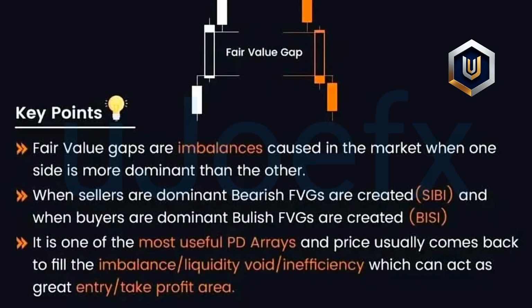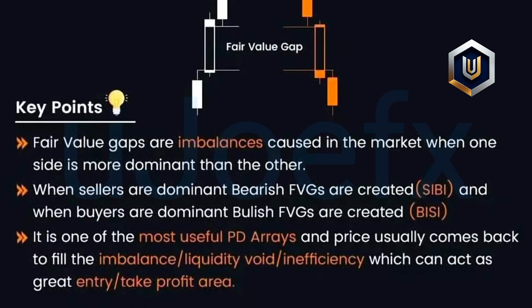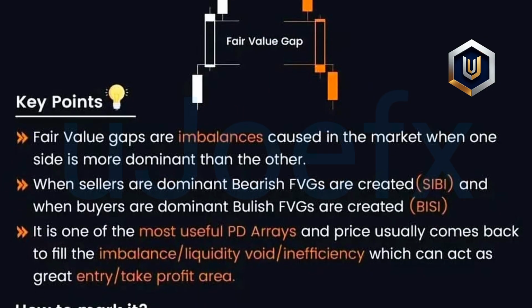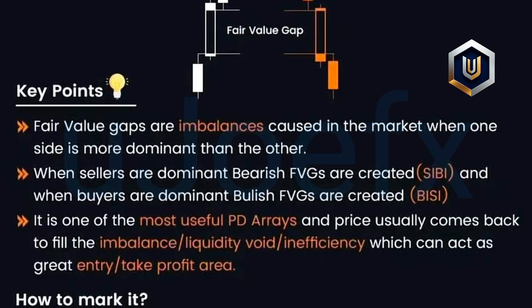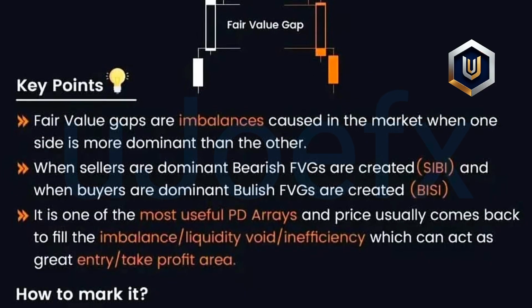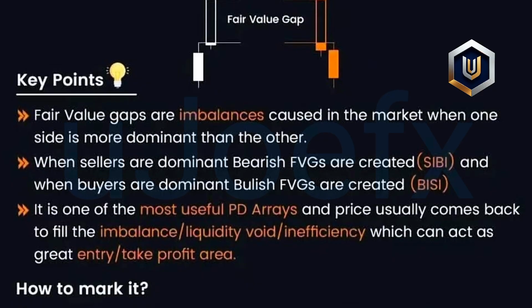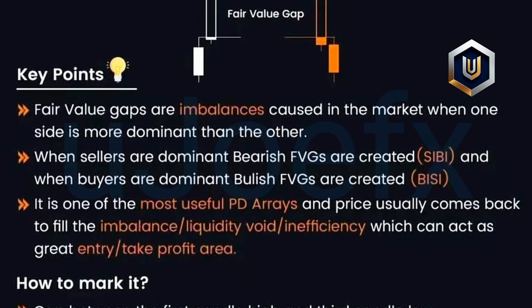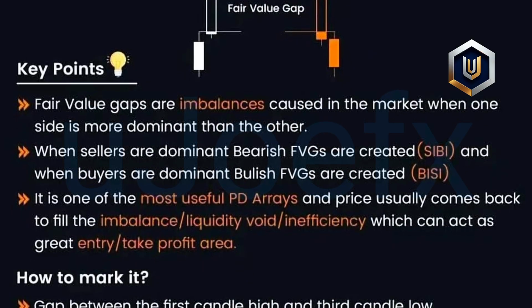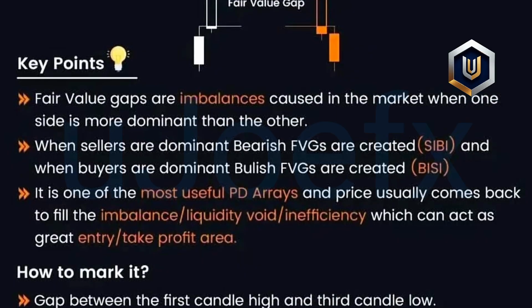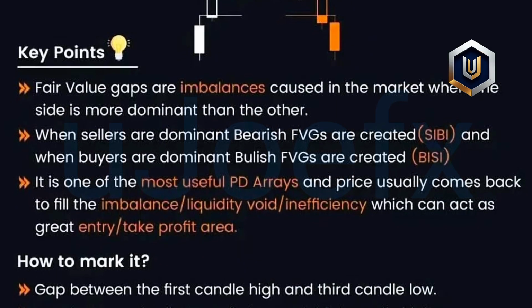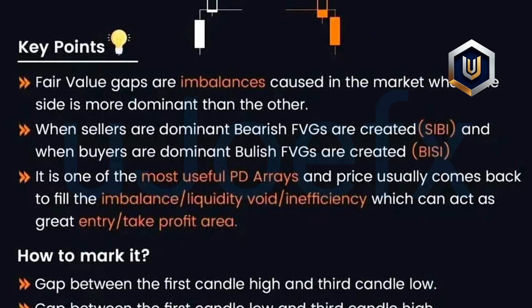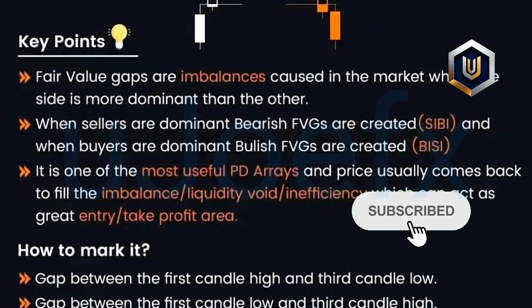It is a gap of imbalance caused in the market when one side is more dominant, are we together, than the other. When sellers are dominant, bearish fair value gaps are created. When buyers are dominant, a bullish fair value gap is created, as you can see. So pretty much it is one of the most useful PDRAs in price action.